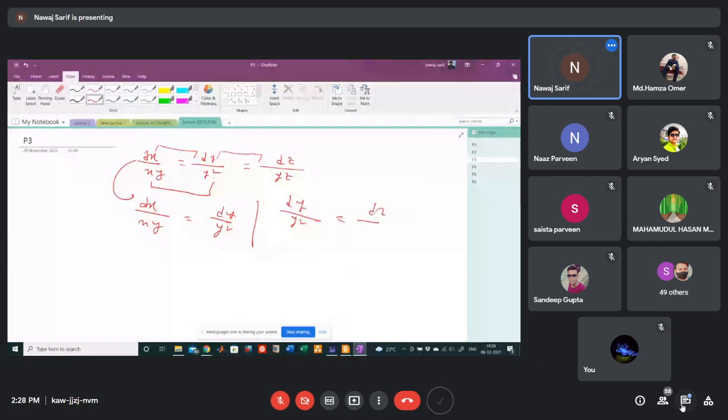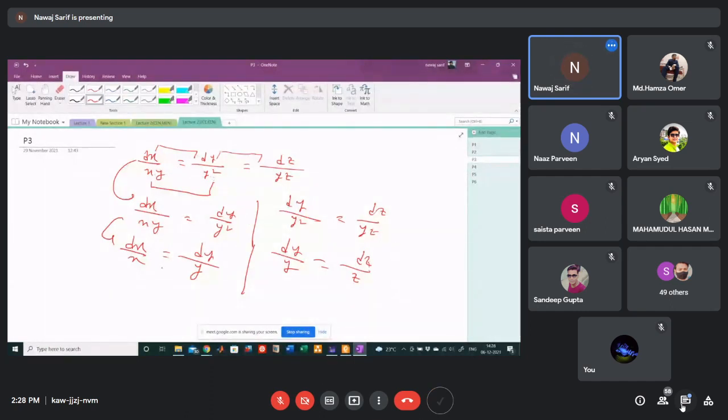Here y cancels out from both sides, so you can write this as dx by x equals dy by y. In this case also there is a y common from both sides, so y cancels out, and this will be dy by y equals dz by z. Because of the simplicity of the terms in the denominator, you can choose these two pairs.